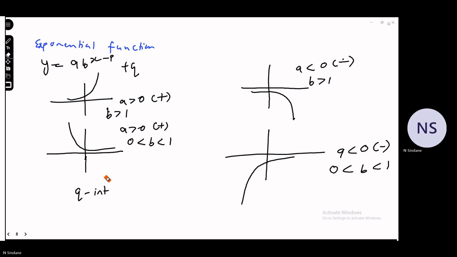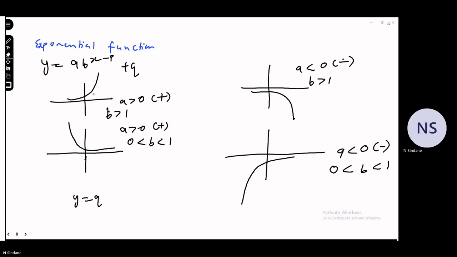Okay. No. Okay. Y equals q, right? That is actually your asymptote, not your intercept. Sorry about that. And then let's come to your domain and range, which is the last part of this.